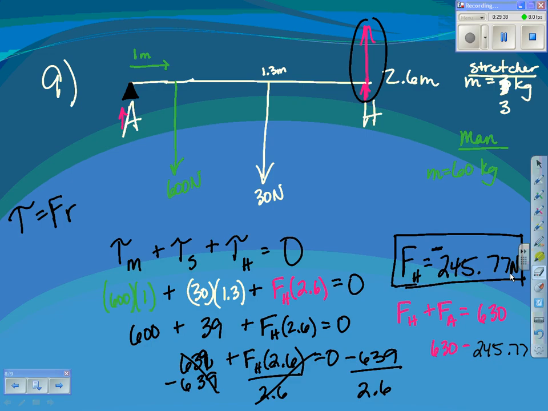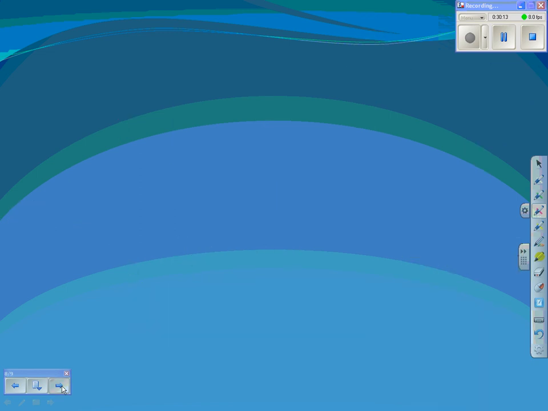Okay, so we subtract 630, and we get Anita's force to be 384.23 newtons. Again, it is negative, because her arrow is going upwards as well. All right. So I made a calculation error because I was looking at my paper wrong and I got them backwards. Sorry. Okay. Good deal. Hopefully. Moving on.